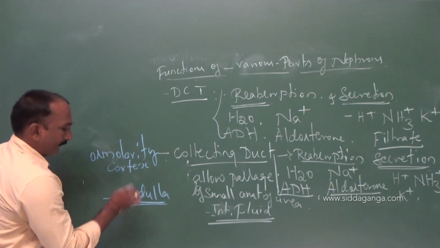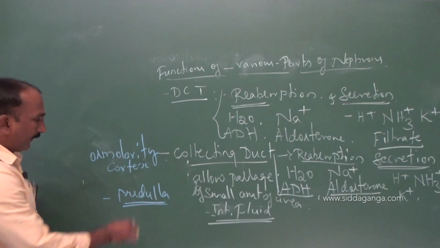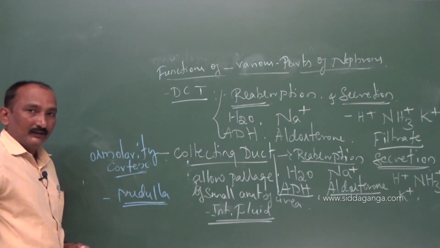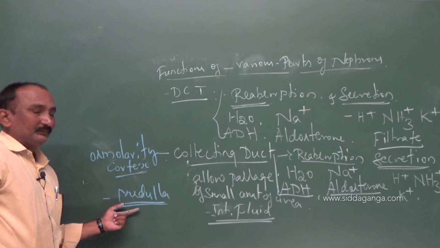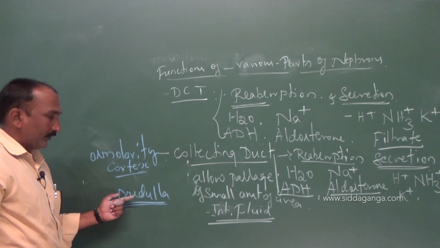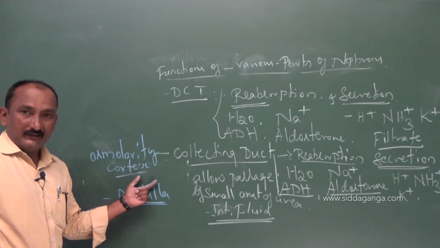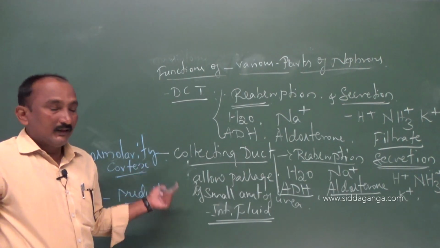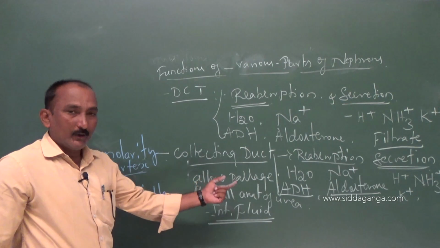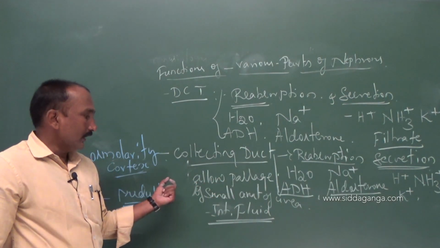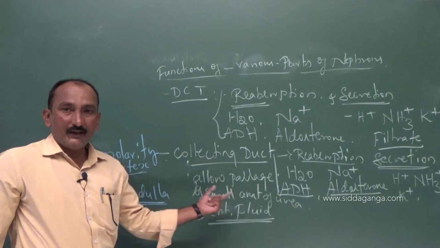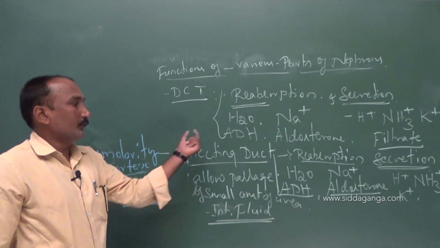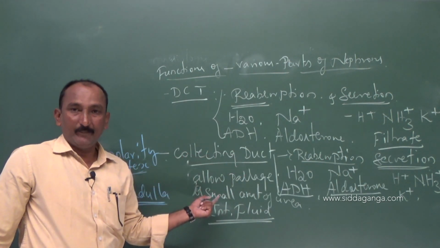The inner region of the kidney is the medulla, the outer region is the cortex. From the cortex to medulla, some ionic concentration, some osmotic concentration will be maintained. So as to maintain this, the collecting duct allows the small amount of urea into the interstitial fluid so as to maintain osmolarity.